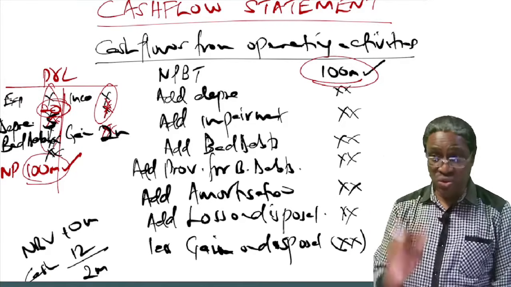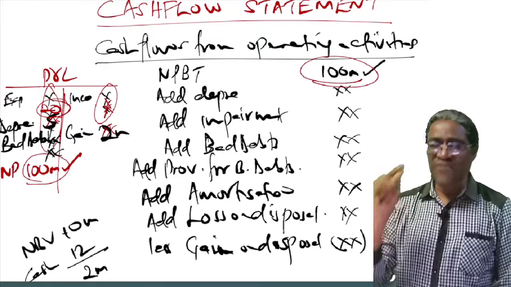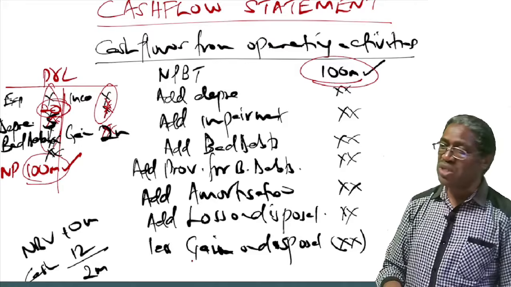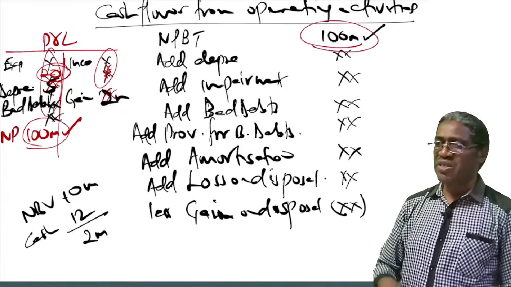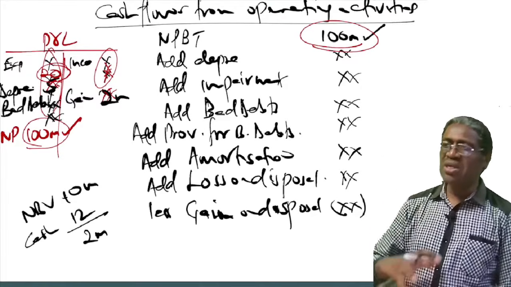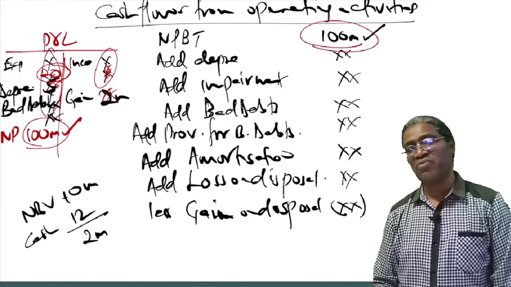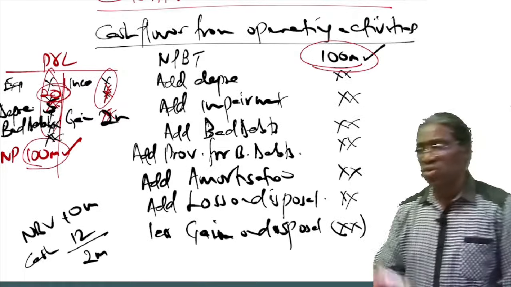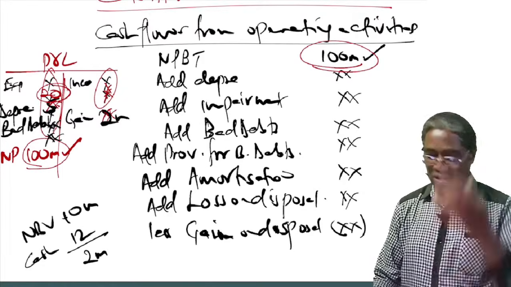The answer is no. It did not affect the profit which we are trying to adjust, because we are trying to determine the operating activities, those transactions and events that are used in the determination of profit. Good. Thank you, Patty. You have said you have understood now.